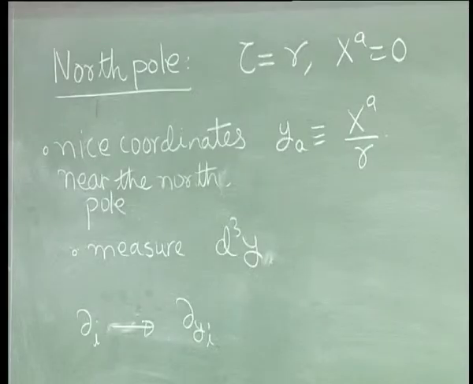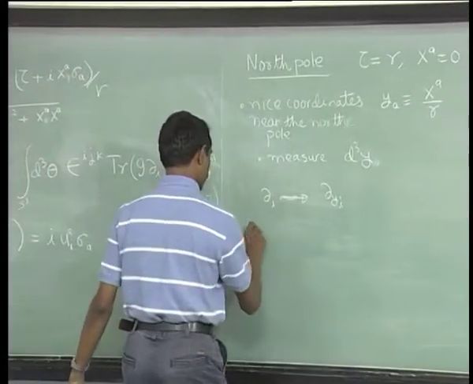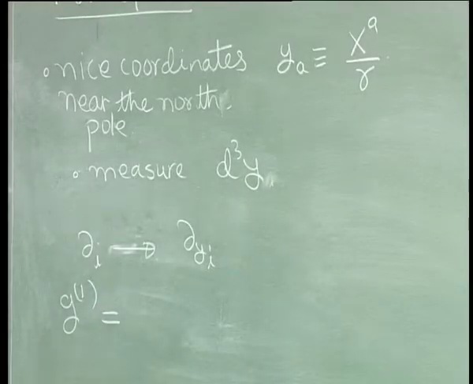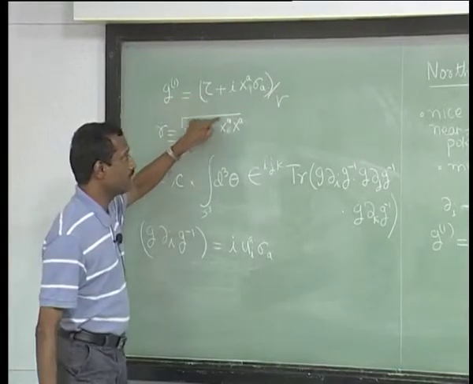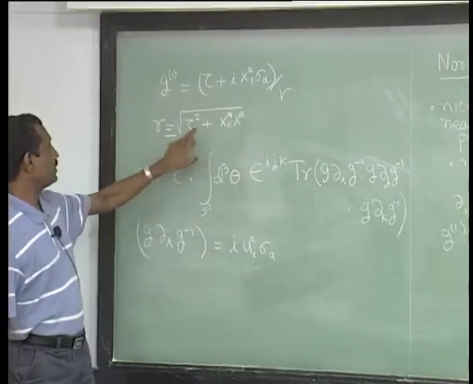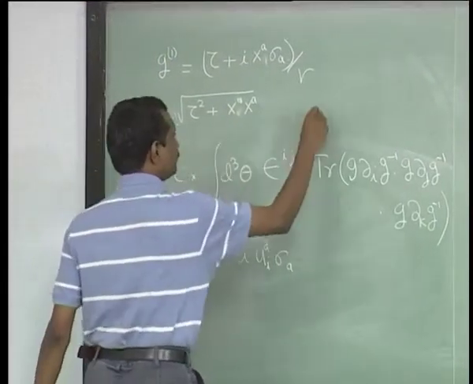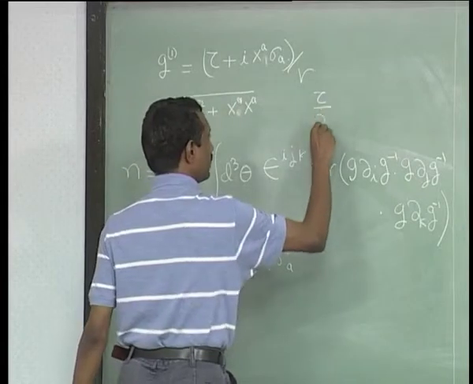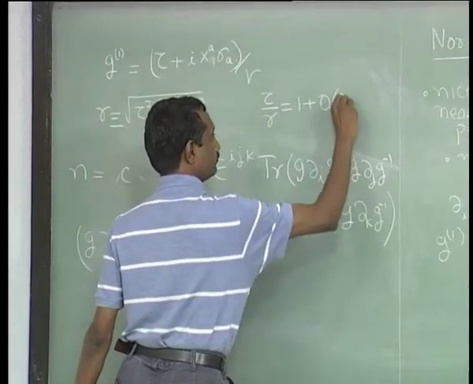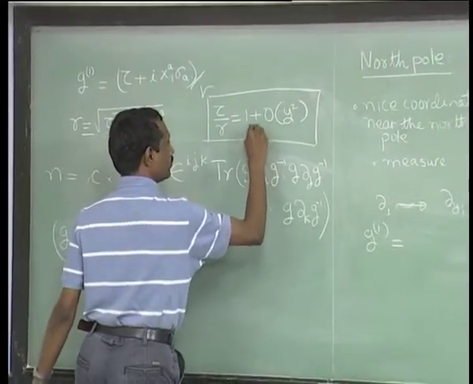And so we just go ahead, now we can look at this and you see that g1 in this coordinate system would be tau by r, but tau by r, where have I given it, it is here. So you can see that tau by r will be equal to 1 plus order y square near the north pole.